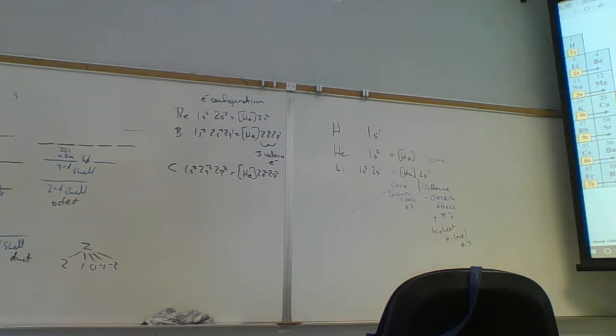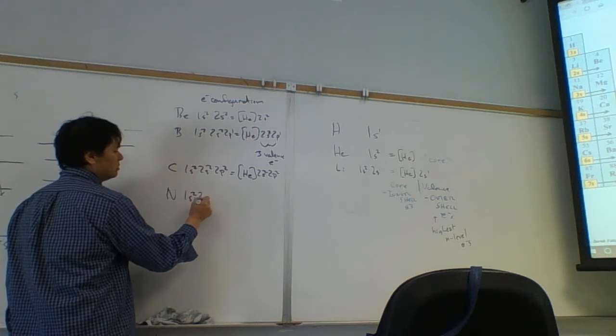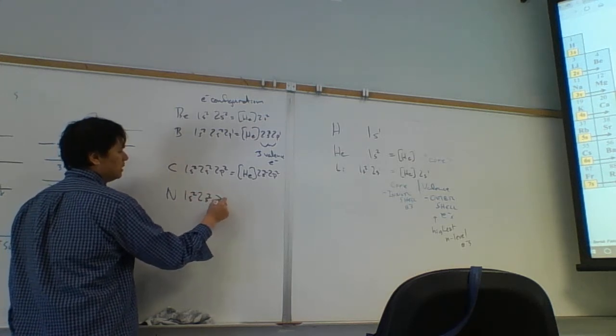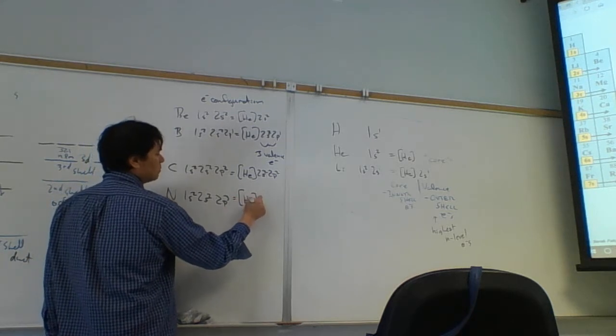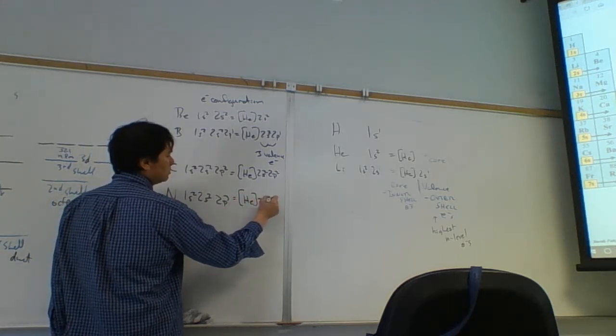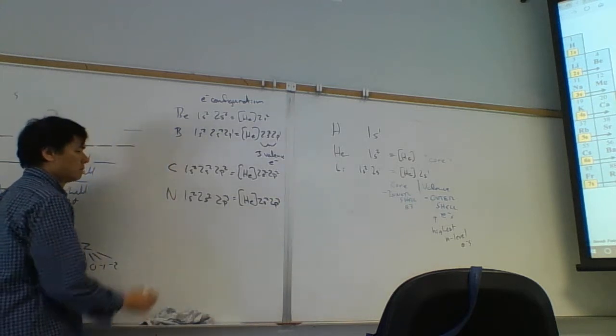So carbon can lose those 4 valence electrons, or it can gain 4 to complete its octet. Nitrogen is going to be 1s2, 2s2, 2p3. So this is going to be helium core, 2s2, 2p3, 5 valence electrons here.